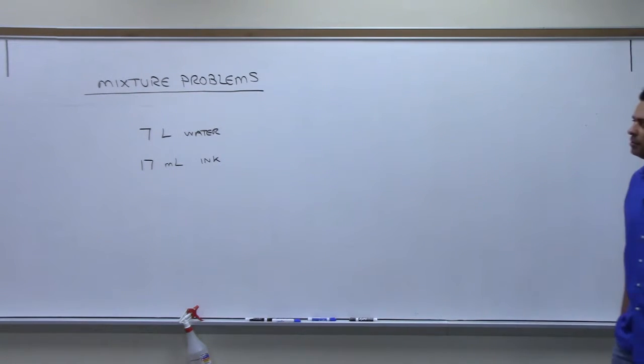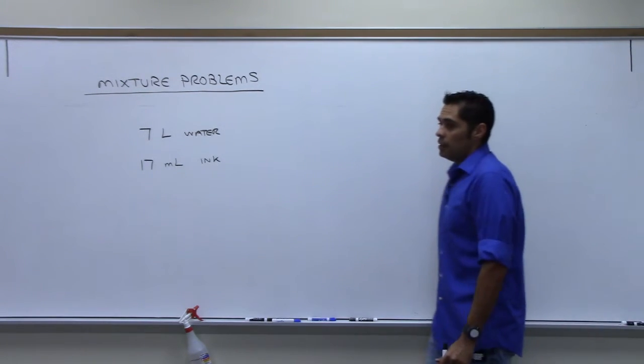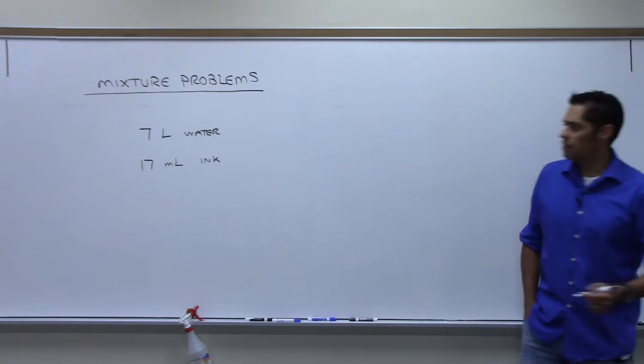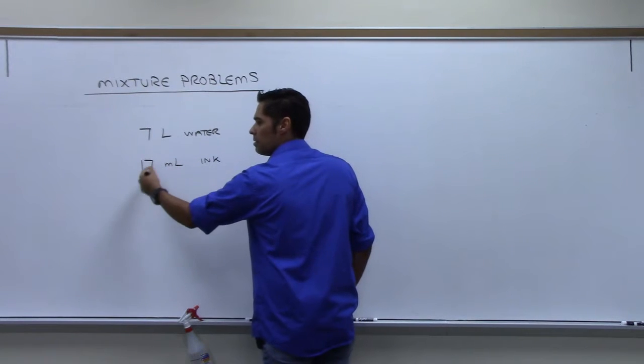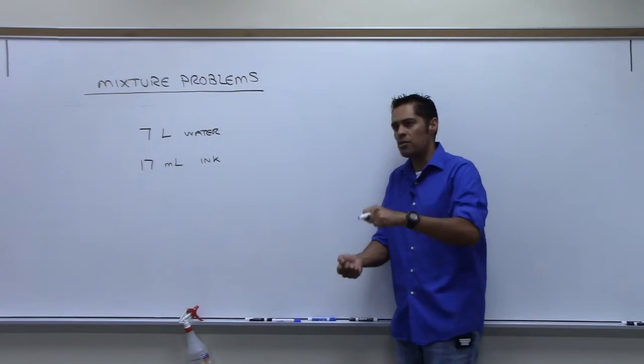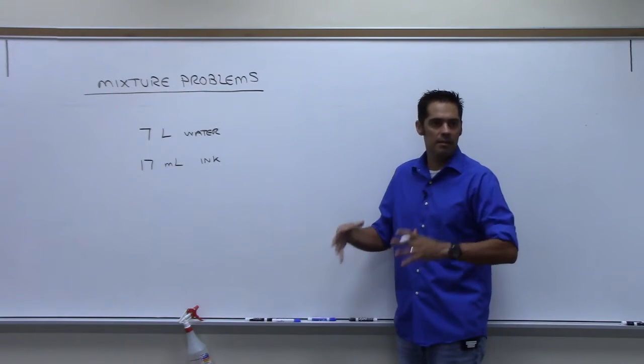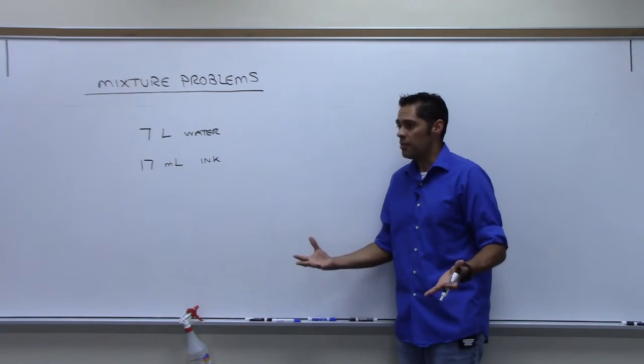So what do you have to do? Convert what? Milliliters to liters, right? Let's convert this milliliters to liters. Because what we're doing is we're taking 7 liters of water, we're adding 17 milliliters of ink, and we're mixing it up, right? And we have some ink solution there. How many liters are there?